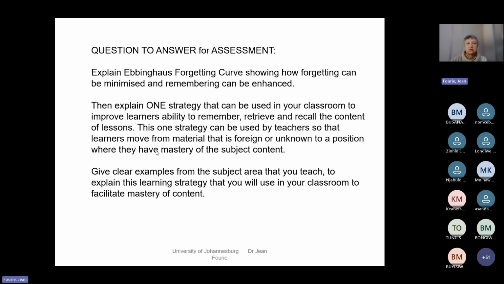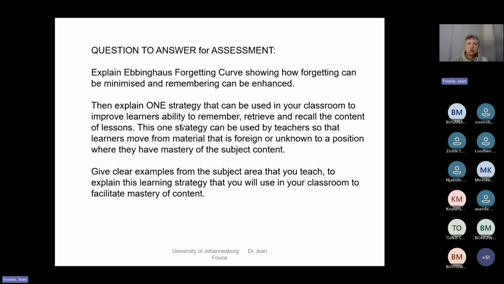And in your explanation, you will give clear examples from the subject area that you teach, in order to explain this learning strategy that you can use in your classroom to facilitate mastery of content.